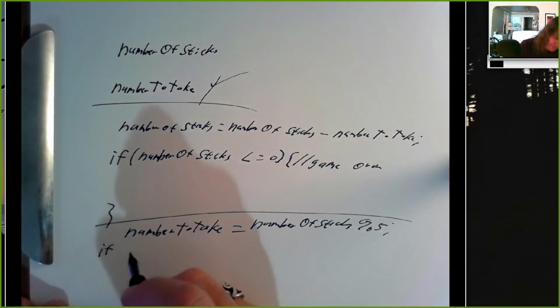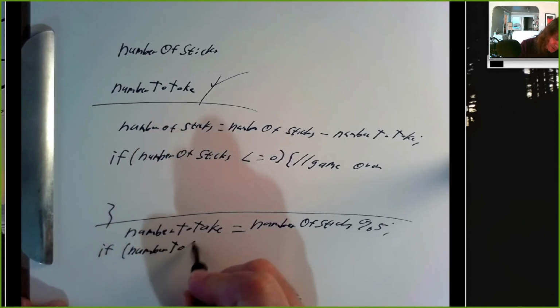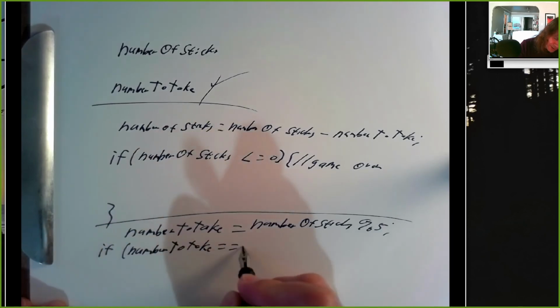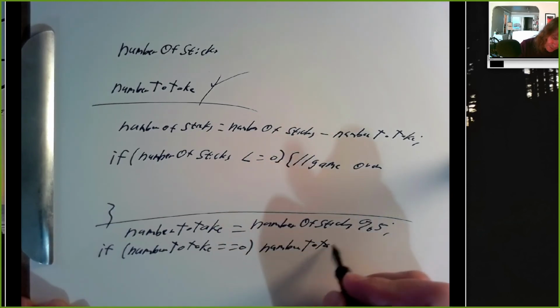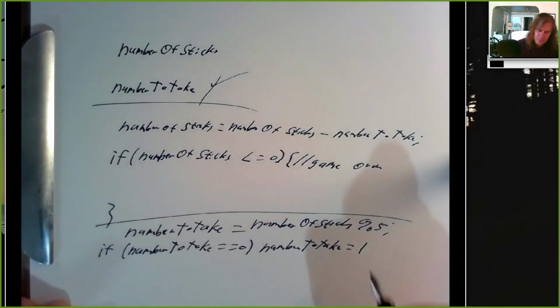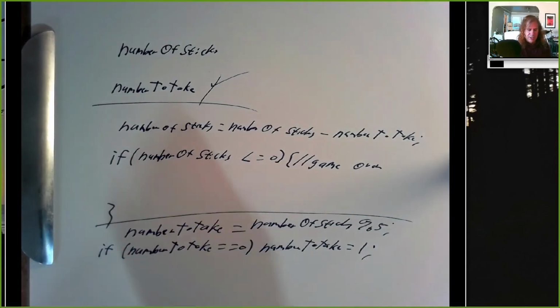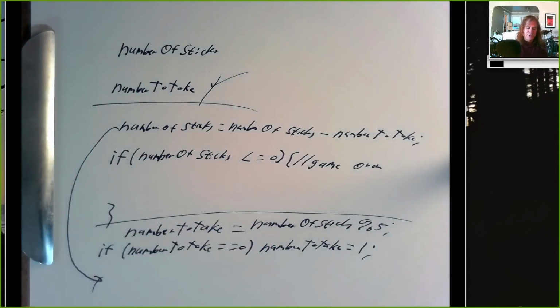So if number to take is 0, set it to 1. And then whichever you ended up with, whatever the total number of sticks is to take, subtract that from the number of sticks.